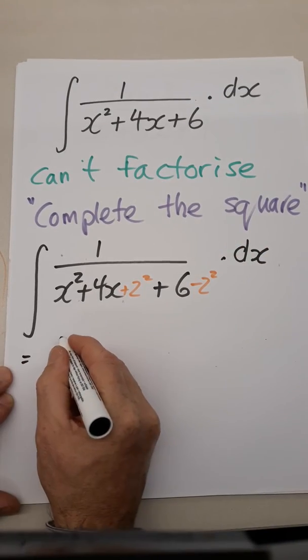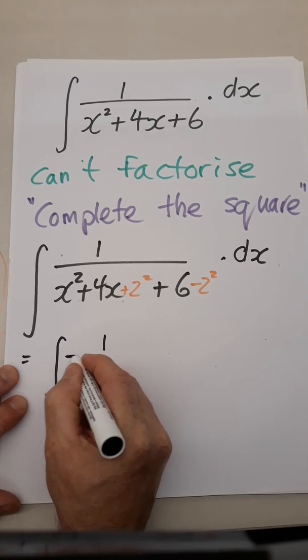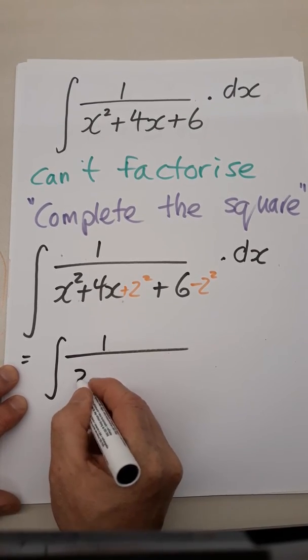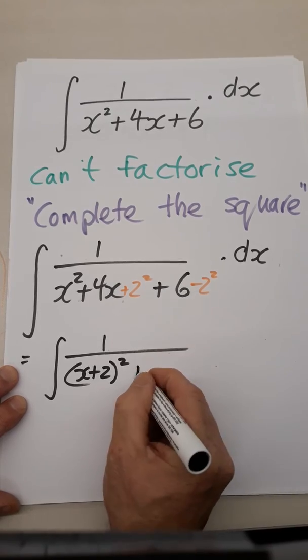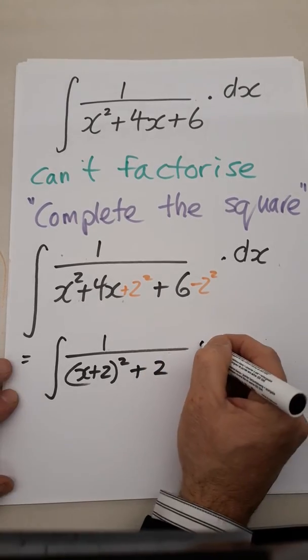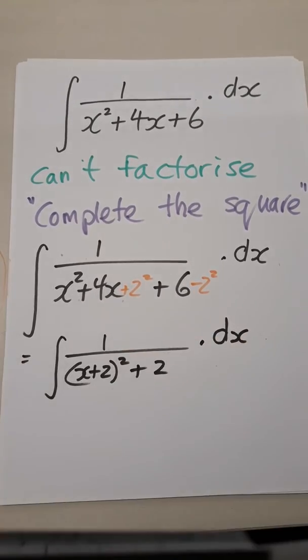So this is actually the integral of 1 over (x plus 2) all squared, plus 2, dx. Now you're going to need to get that in the format where you can do the whole inverse tan on it. So you need to make sure you write it in the format that's available on the formula sheet.